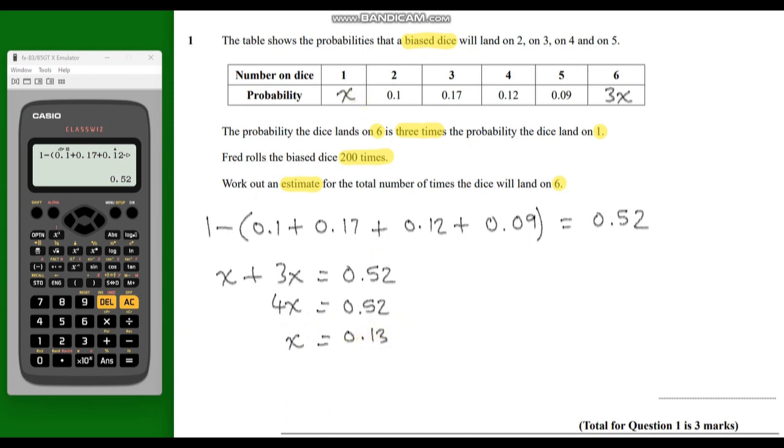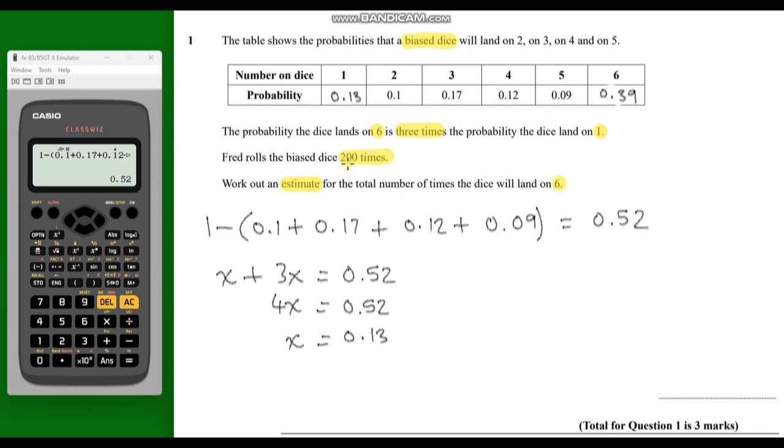So the probability of it landing on a 1, well, that is 0.13. Let's just write that down. And the probability of it landing on a 6, well, that's going to be 3 times 0.13, which is 0.39. So let me just rub that out and put 0.39. So now we've got all of the probabilities, we can answer the question.